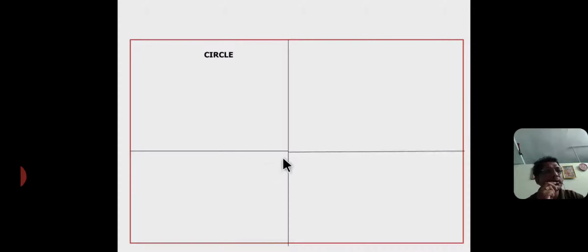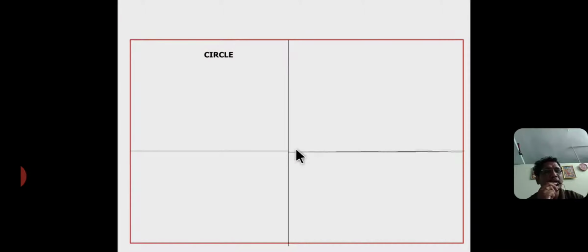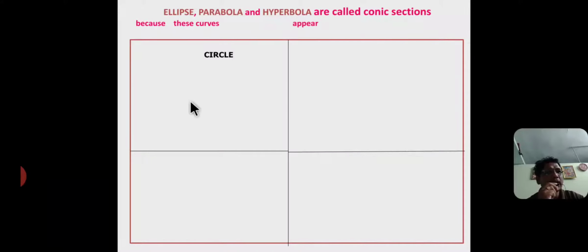Before going to the subject, first of all you have to know the basic difference between circle, ellipse, parabola and hyperbola. Ellipse, parabola, circle and hyperbola are called conic sections, because these curves appear on the surface of a cone when it is cut by some typical cutting planes.